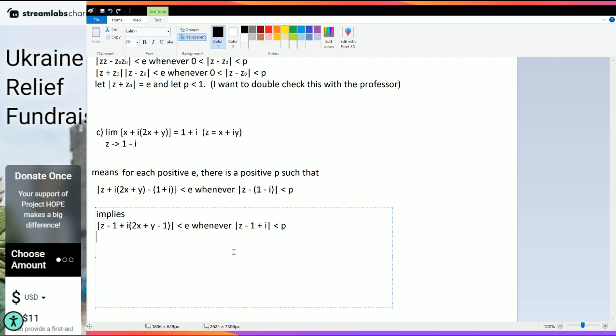So these are almost the same thing, except they have different complex parts.